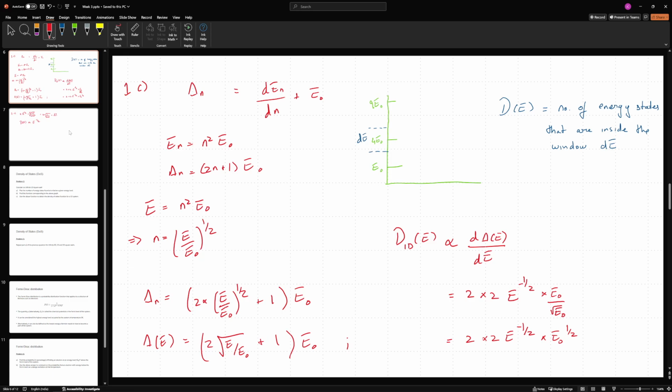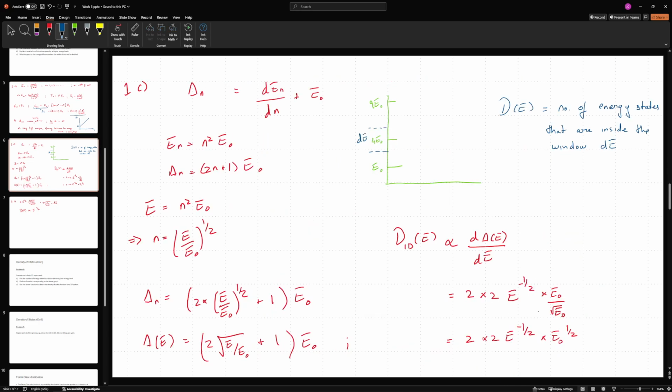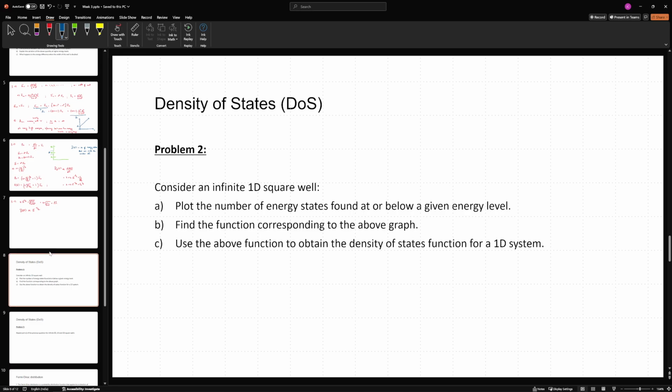I have essentially only derived this quantity, and from this we have arrived at the relation that the 1D D of E is proportional to E to the power half. Now how do I arrive at the exact density of states relation? We shall look at it over here.